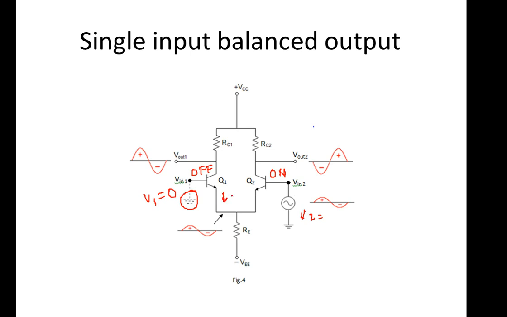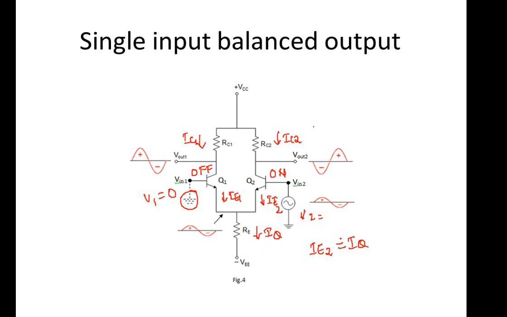Similarly, here you are getting some IE1 current, and here you are getting IE2 current, and this is the IQ, and here you are having IC1, and here you are having IC2. If this transistor is in off condition, this means the IE1 value is 0. Only you are getting IE2. So IE2 equals IQ.